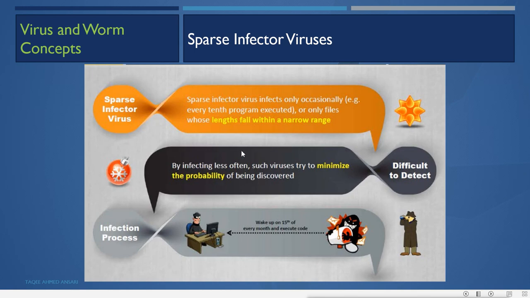So because it is running very rarely, for example after every 10th program executed, it is very difficult to detect. It is like waking up on the 15th of every month and executing the code. So the programmer of the virus designed it to wake up on every 15th of every month, execute the code and go to silent mode.